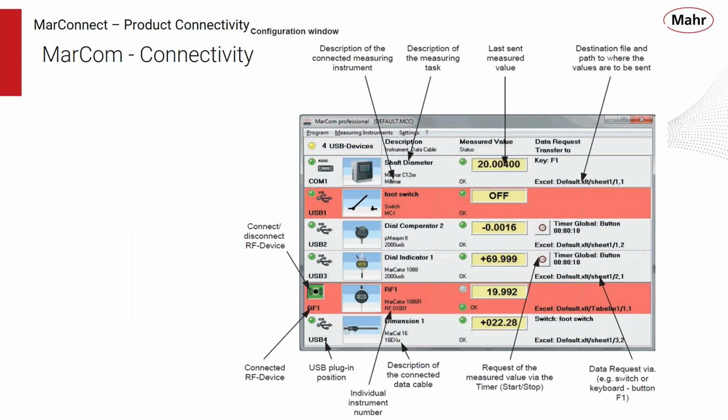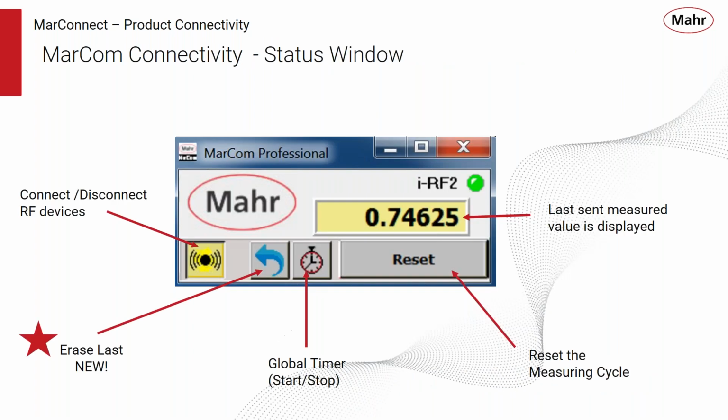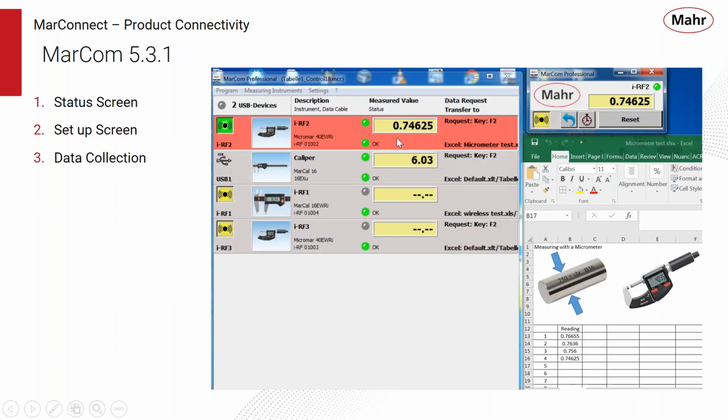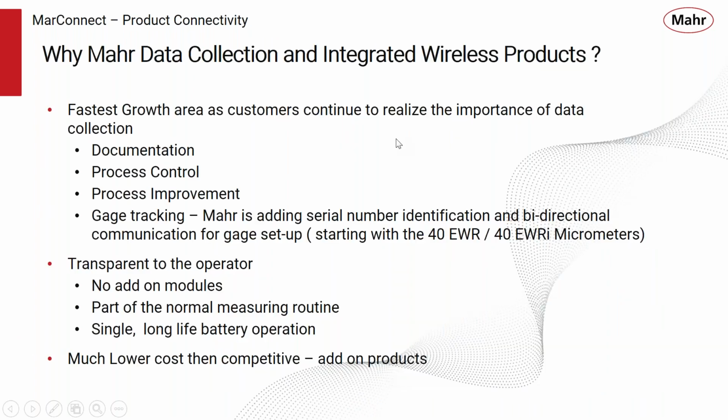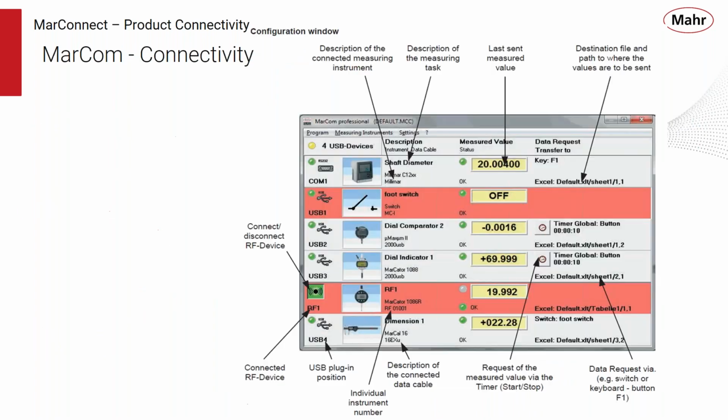The connectivity screen, the configuration window, is basically unchanged. This has lots of information on it, which we can just take a quick glance at.